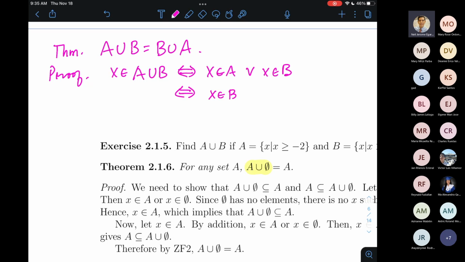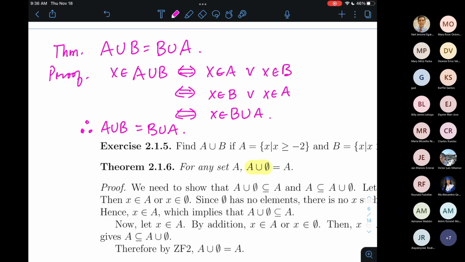So it means X is an element of B or X is an element of A. But this guy is the precise definition of B union A. So we can say here that X is an element of B union A. So by the axiom of extensionality, we can say that A union B is equal to B union A. In other words, the ordering of the sets in the statement of the union doesn't matter. Kasi pwede natin siyang baligtarin, and the basic idea is that it is hinged upon the commutativity of the connective OR.